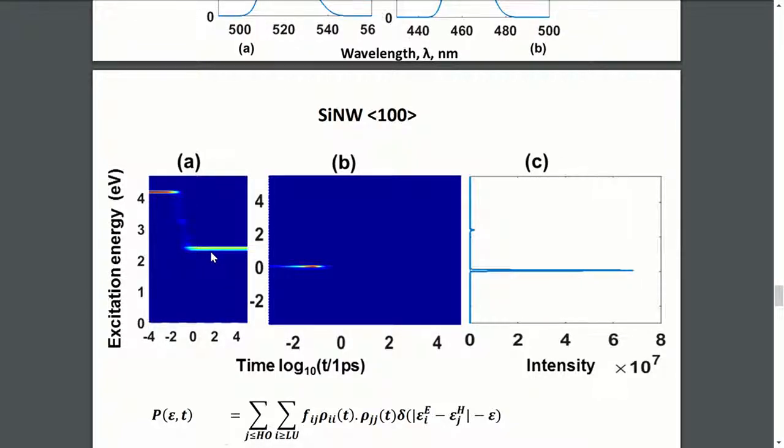The axes are correct, and this thing that looks like emission very close to zero is an artifact of the methodology that corresponds to transitions between resonance states.